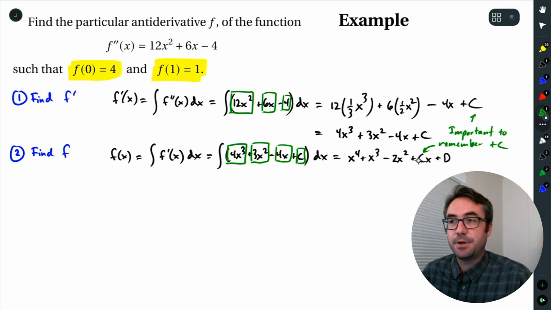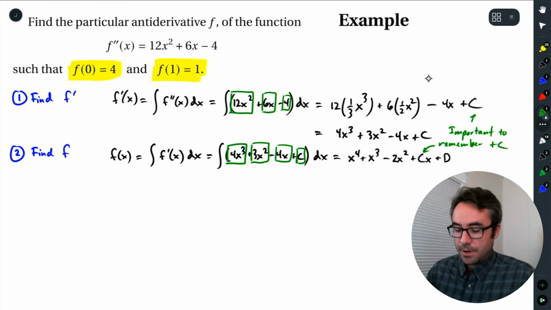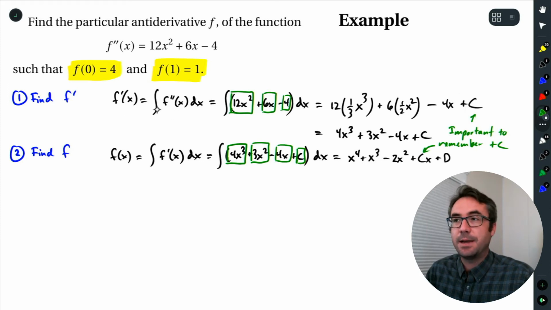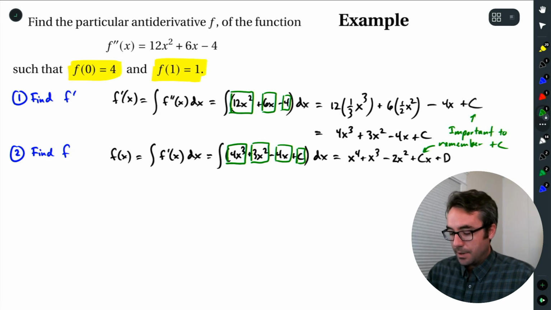So this is actually a pretty important part of our function here. It's a variable part of our function. So going from f double prime to f prime, we got a constant. And then going from f prime to f, we ended up with c times x, and then plus another constant.